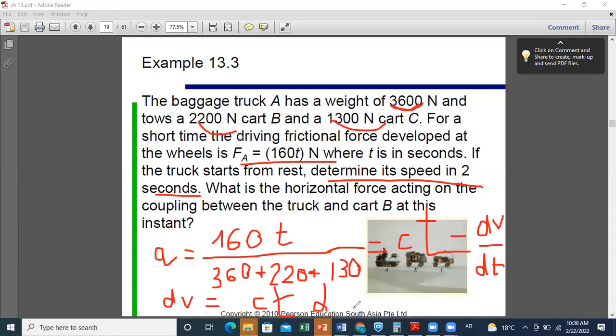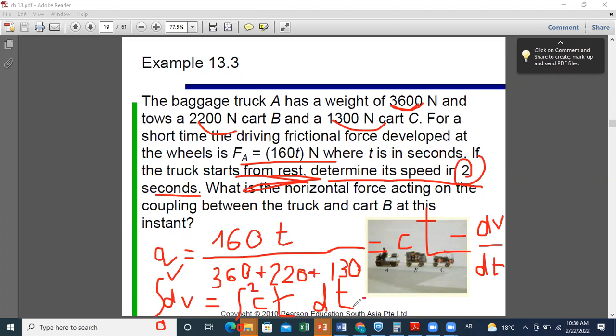And now I integrate both sides. For dV, I integrate from what? They said my system starts from rest. So I integrate from 0 to V. And for time, I integrate from 0 to the time I'm interested in, 2 seconds. This will give me V at 2 seconds.